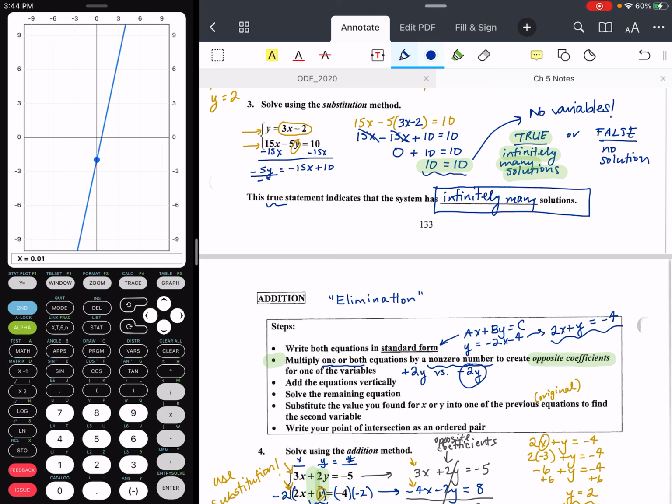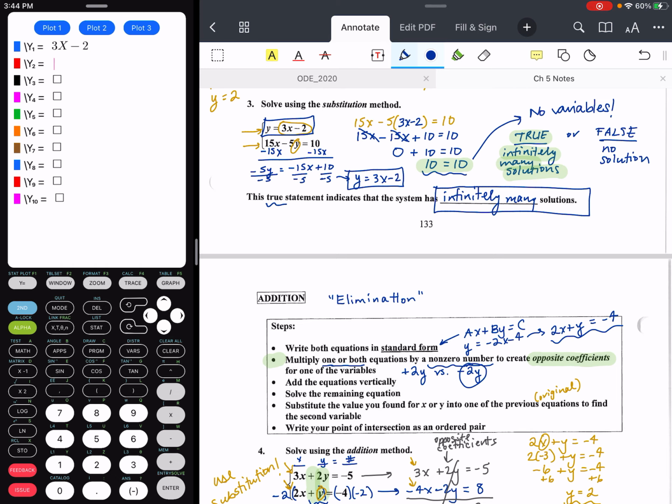If I divide all the way across by -5, this gives me y equals positive 3x minus 2. So obviously that should look familiar. That's the first equation that we had.